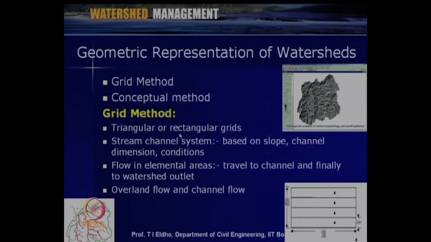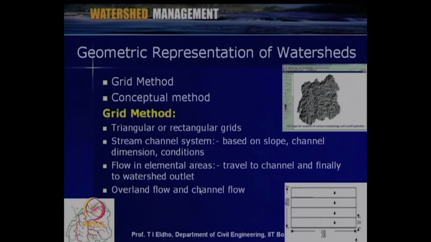So, as I mentioned, as far as the watershed is concerned, we have to see the overland flow and the channel flow. The overland flow we can consider with respect to either rectangular grids or triangular grids, and these grids will be connected to the channel. Generally, channel flow we consider as one dimensional flow, and overland flow we can consider either as one dimensional strip type flow or two dimensional flow.